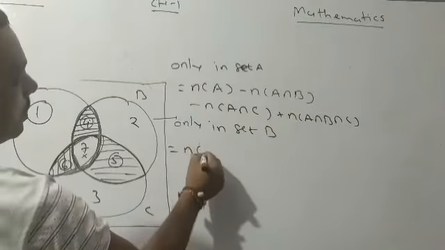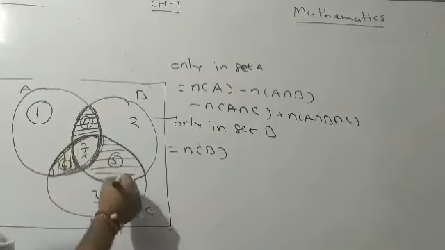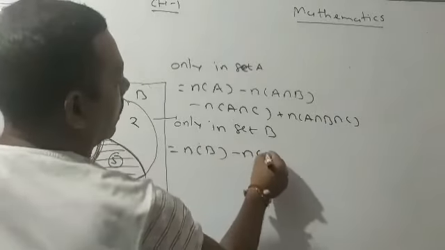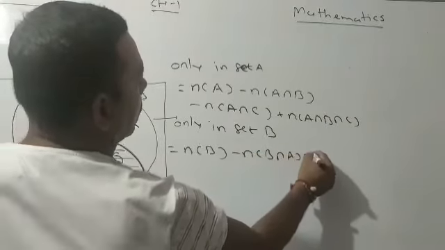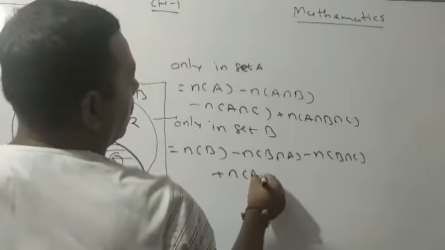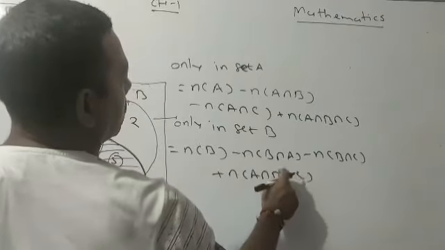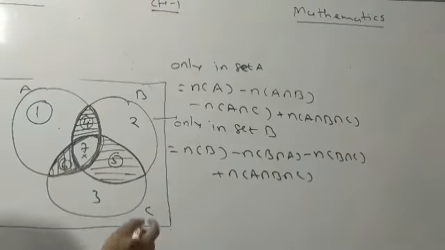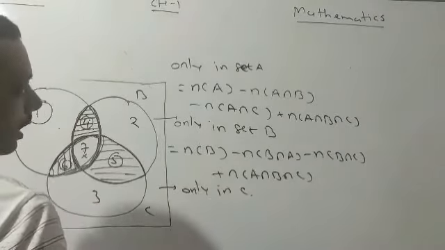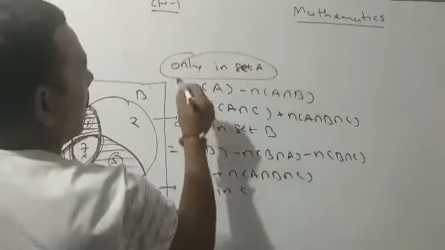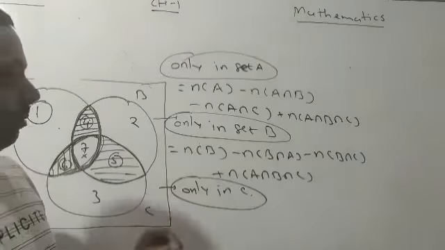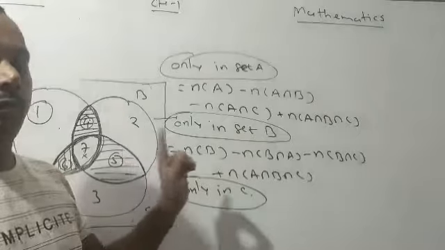Just copy this, use your common sense: n of B minus n of B intersection A minus n of B intersection C plus n of A intersection B intersection C. Now same way you can write the formula for only in C, and by adding these three answers you can write the formula of elements which lie in exactly one set.